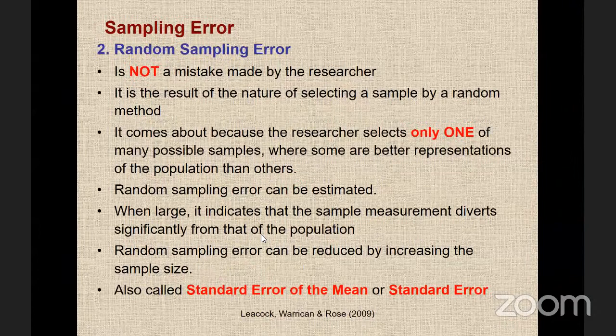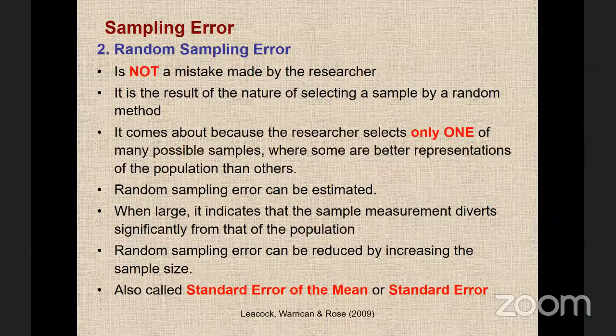The second one now is random sampling error. All projects, no matter how brilliant you are, will have it, because you're not doing a census. Anybody doing a subset of the thing is going to have some amount of error.